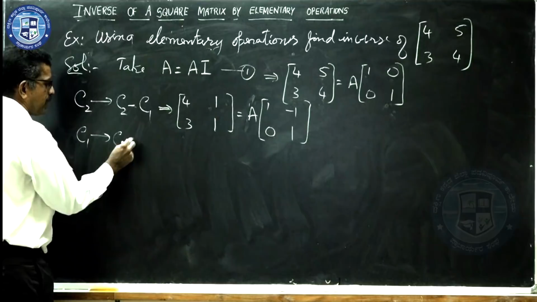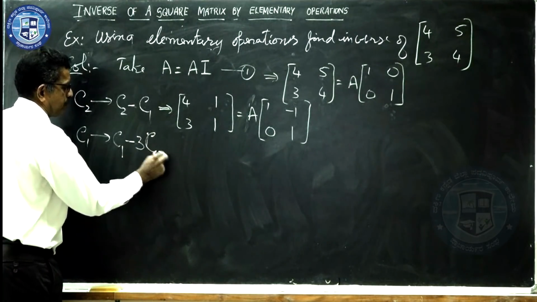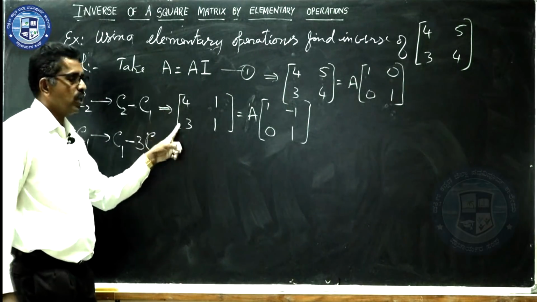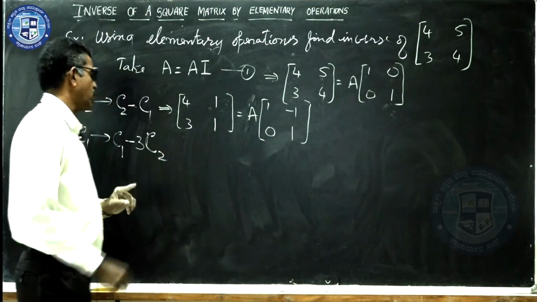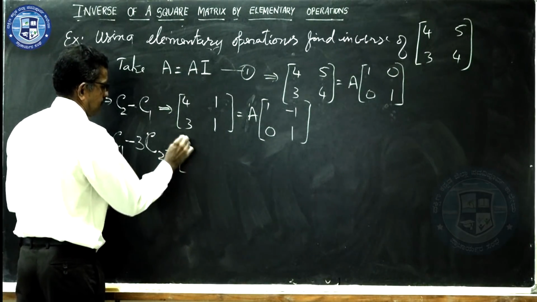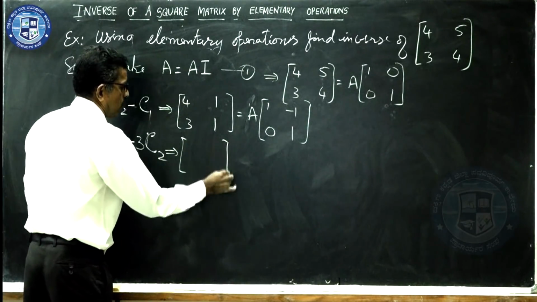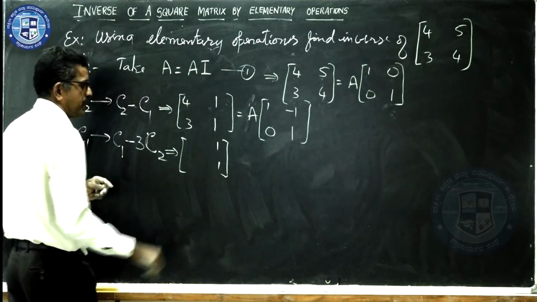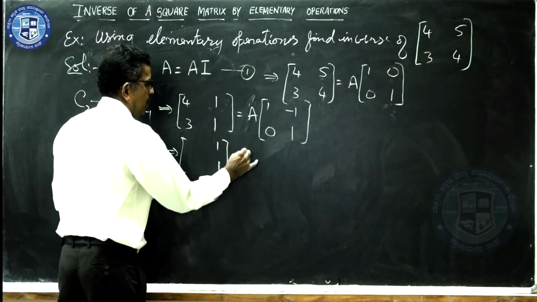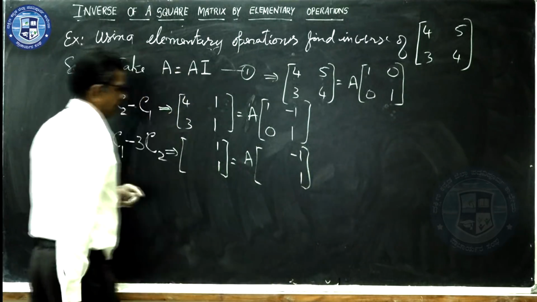From that column, I subtract how many times? 3 times the second column. First column, I subtract 3 times the second column. What do you get? Here the first column is changed. Therefore, second column has no effect. No changes in the second column. Let me write 1, 1. And here A, the second column will not be changed, minus 1, 1.